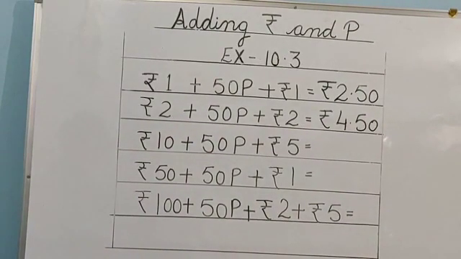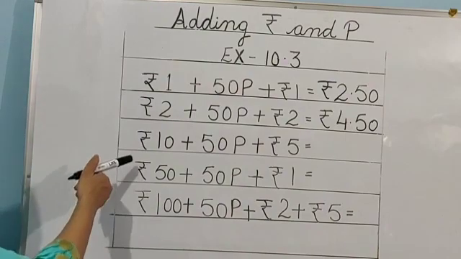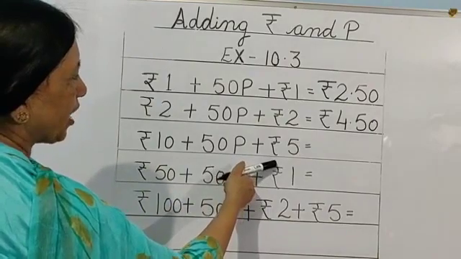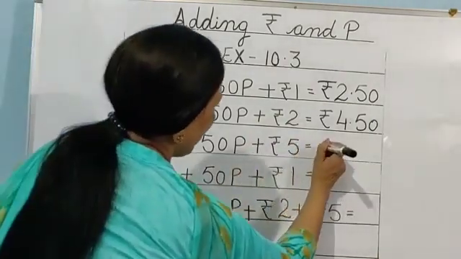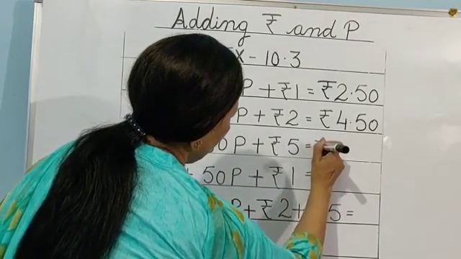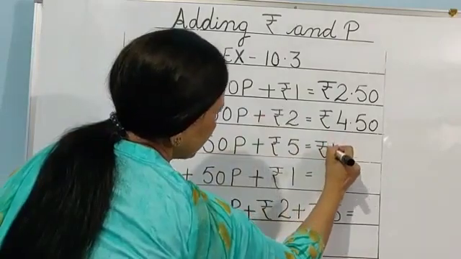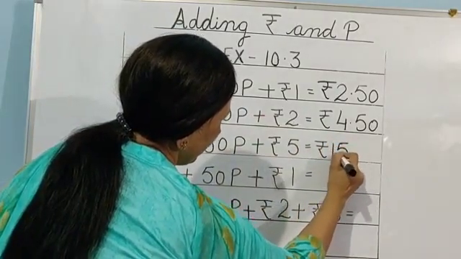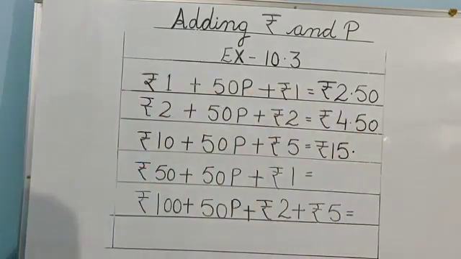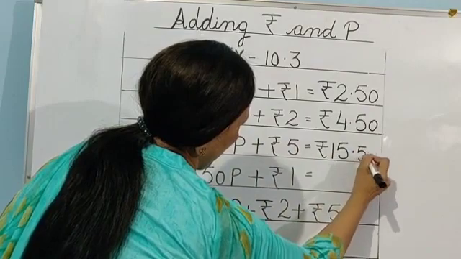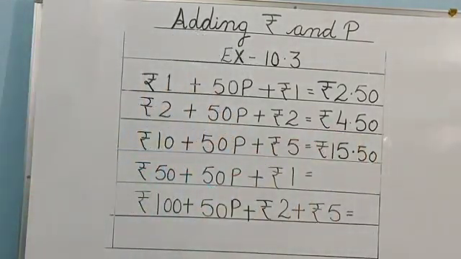Now next is rupees 10 plus 50 paise plus rupees 5. Now write down the symbol. Then 10 plus 5, 15. Put dot. And how many paise are there? 50. So answer is rupees 15.50.